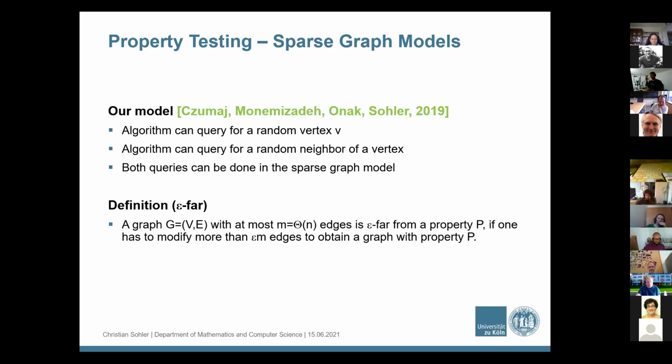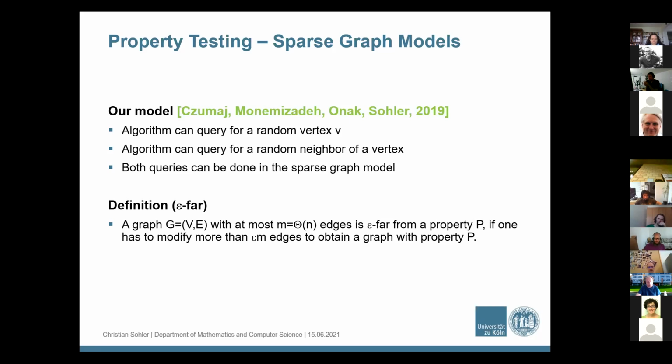The reason why we were choosing this slightly different model is that in the sparse graph model, if we can query for vertex degrees, we are getting some information about the graph, which is not really a constant information because we know how many neighbors we have. And this is particularly important if you want to prove lower bounds.